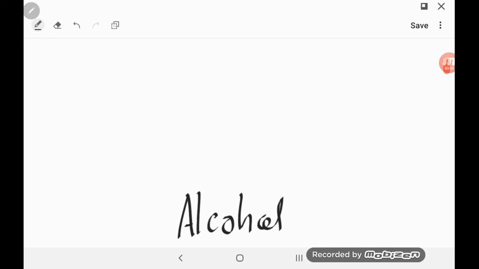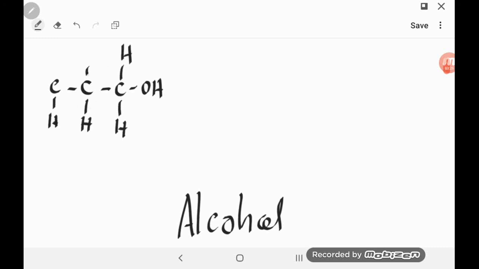An alcohol is an organic compound that carries at least one hydroxy functional group, OH. In order to understand it, let me show you the Lewis structure of an alcohol. The hydroxy group here is the OH. That is the Lewis structure for an alcohol.